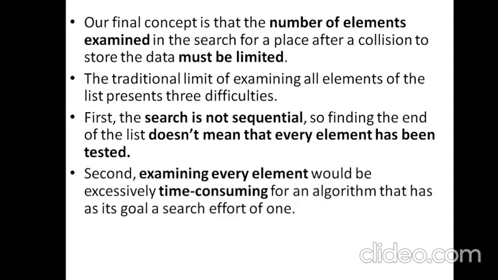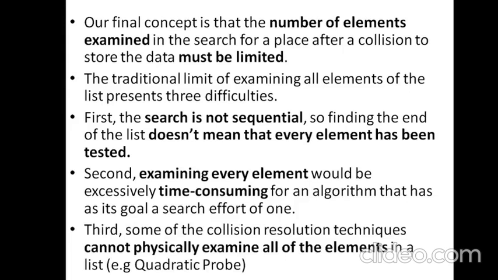Secondly, examining every element would be excessively time consuming. That is obvious. It becomes a linear search. So when you implement the hash search poorly, where a collision resolution requires searching every element, then it simply tends to become a linear search implementation, not retaining the characteristic and benefit of hash search. And in some techniques we can't physically examine all the elements in the list. So we are okay.